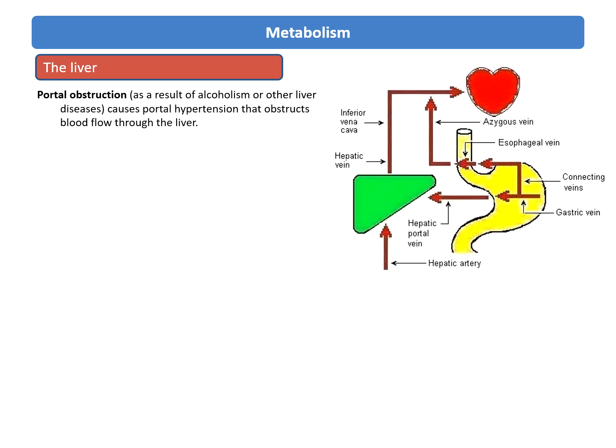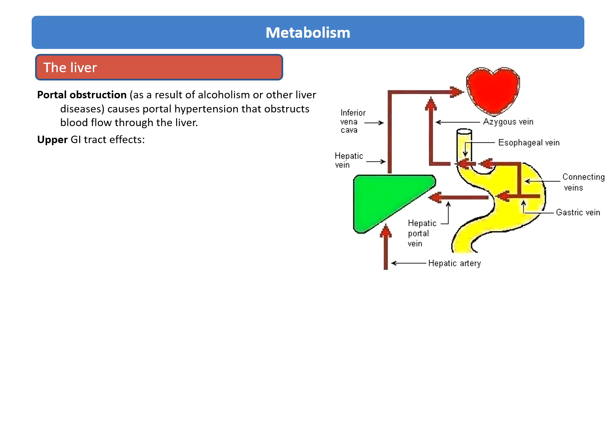Sometimes the portal circuits will be obstructed. It may be a result of alcoholism or other liver diseases. It causes the pressure of the blood in the portal circuit to increase. This is portal hypertension. So it obstructs the flow through the liver, and the blood then has to find an alternate route.